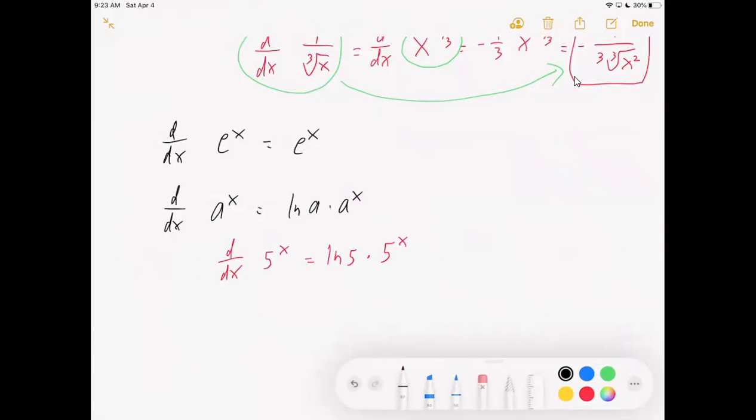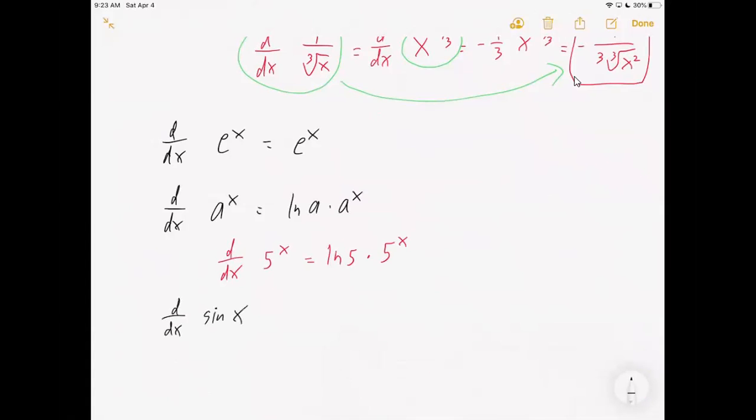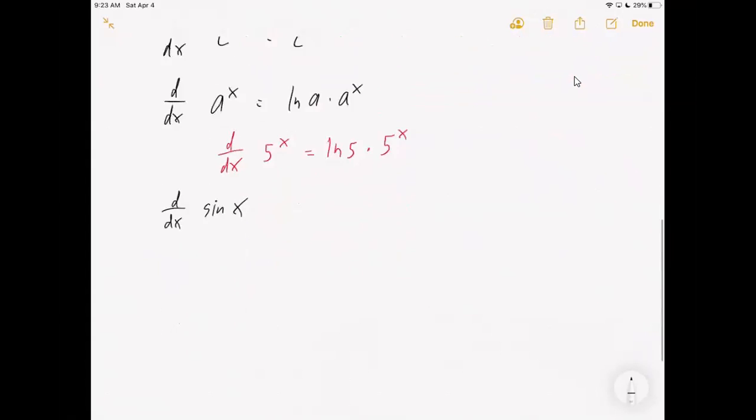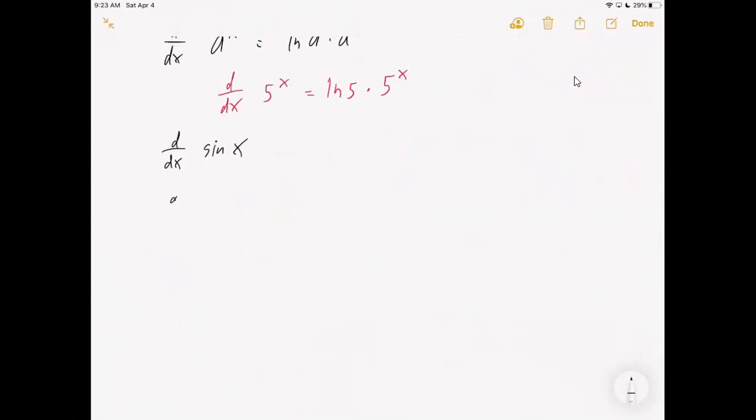Let's do the derivative with respect to x of sine of x. Fill in a couple of these. And then we'll do their reciprocals.